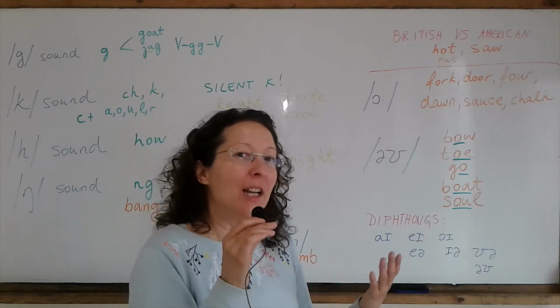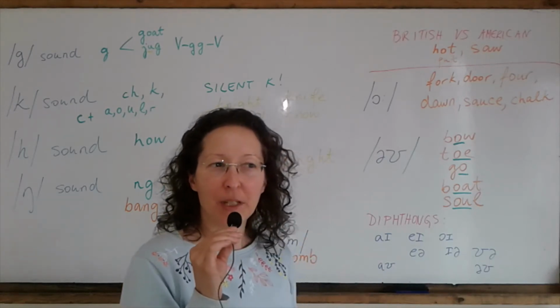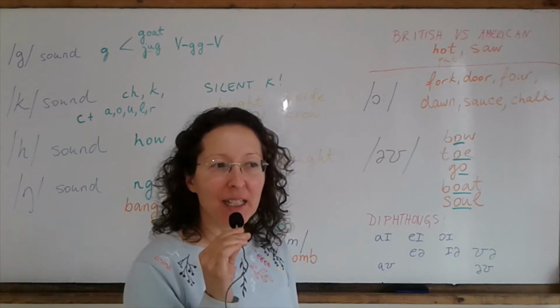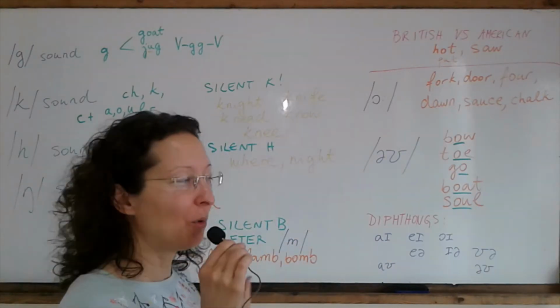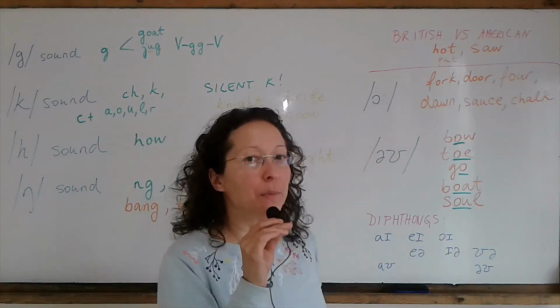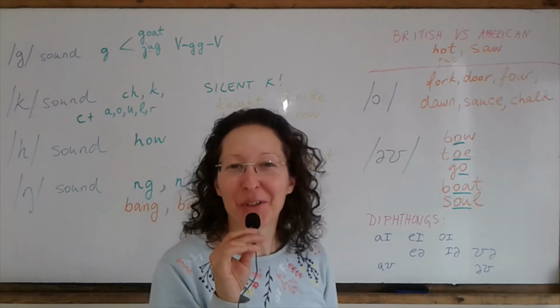Okay, we talked a little bit about the long oo in the previous lesson, but today I would like to focus more on the long o, because it is a little bit more interesting. Why is it more interesting?